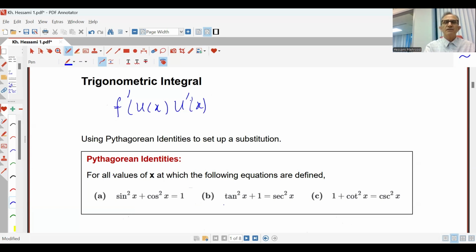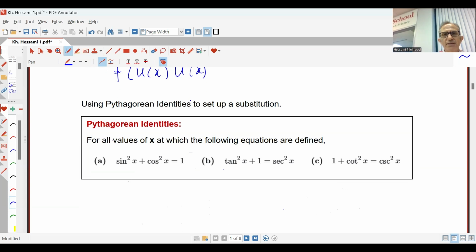In the case of trigonometric integrals, this algebra involves the Pythagorean identities, which I repeated here for convenience. It will be helpful to remember these three equations.